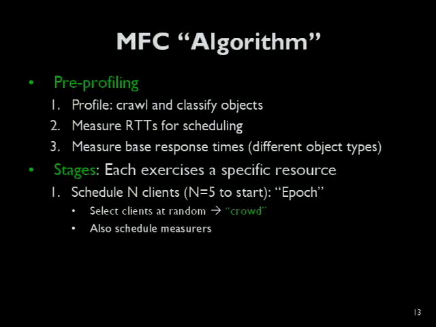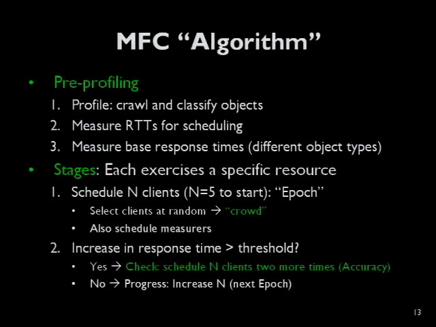And we schedule measurers to monitor the performance of the server when clients are making this request. If there is an increase in response time, as I mentioned earlier, we don't immediately conclude that something went wrong. We repeat the experiment at the same load a couple of different times for accuracy. If not, we progress to the next epoch by increasing the number of clients that make the request.